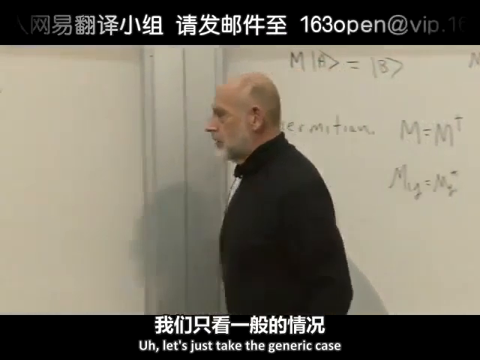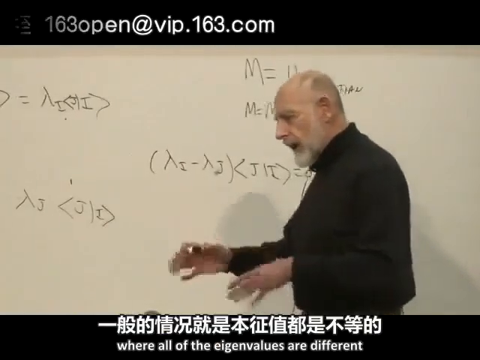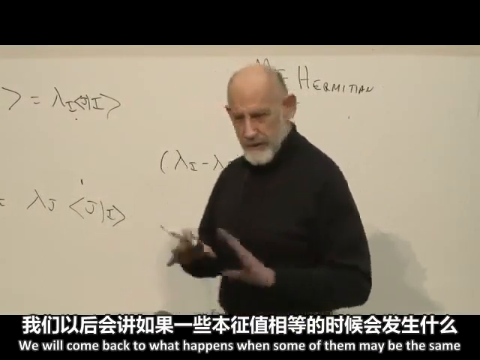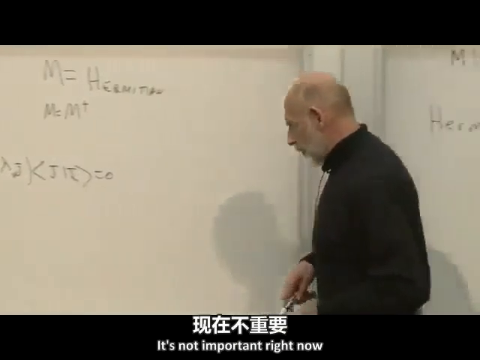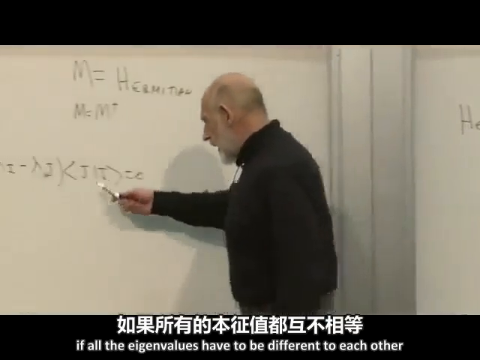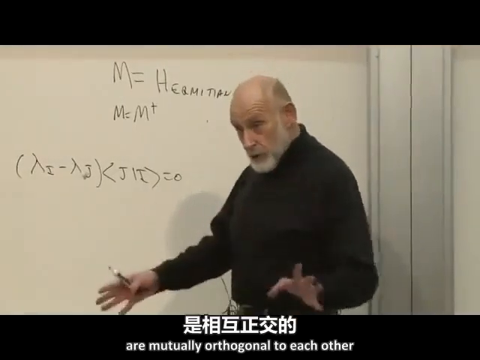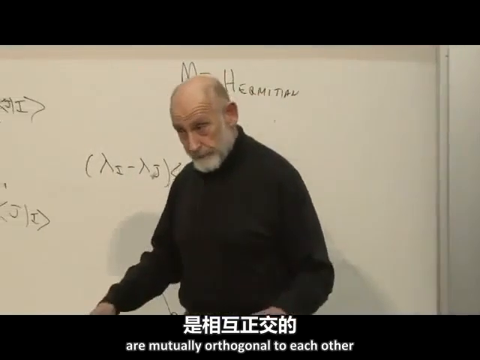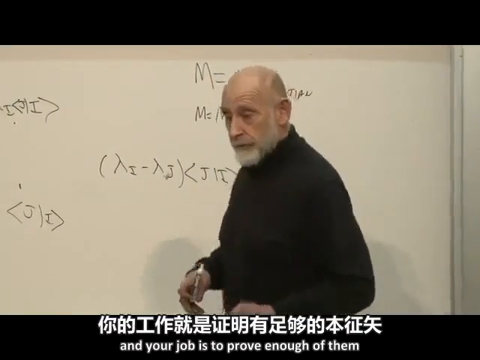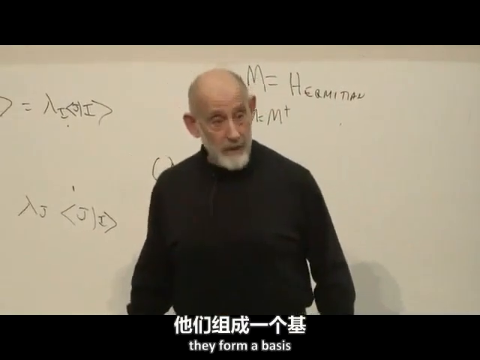Let's just take the generic case where all of the eigenvalues are different. We can come back to what happens when some of them may be the same. That's not important right now. If all the eigenvalues happen to be different from each other, then all the eigenvectors are mutually orthogonal to each other. If there are enough of them, and your job is to prove there's enough of them, they form a basis.